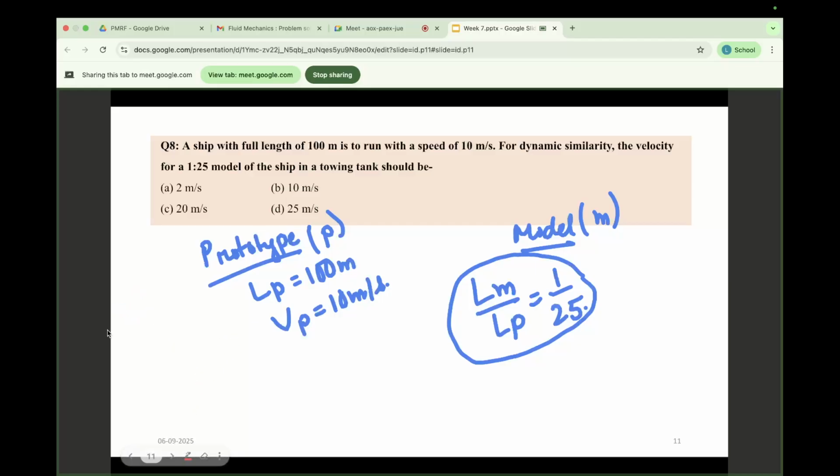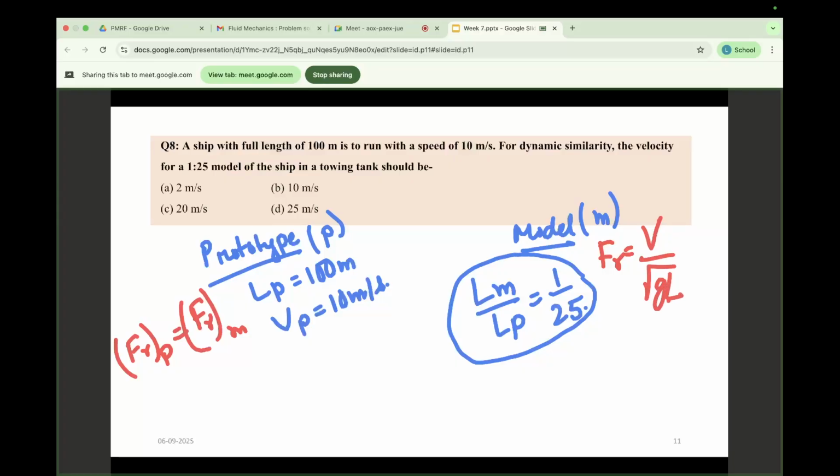So what is given? We know that in both the cases, the Froude number should be the same. Fr of prototype should be Fr of model. In case of the prototype, Fr equals V by root GL, right?